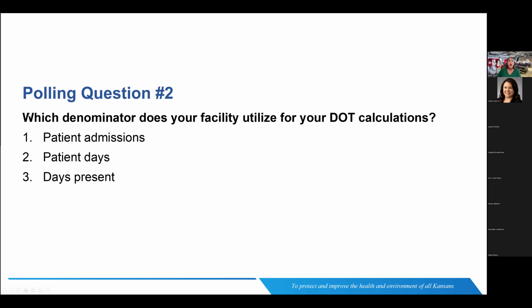I think a lot of the responses we got from people interested in this session indicated that they were utilizing DOTs as their metrics. So my question for you to start out is, which denominator is your facility utilizing for DOT calculations? Is it patient admissions, patient days, or days present?